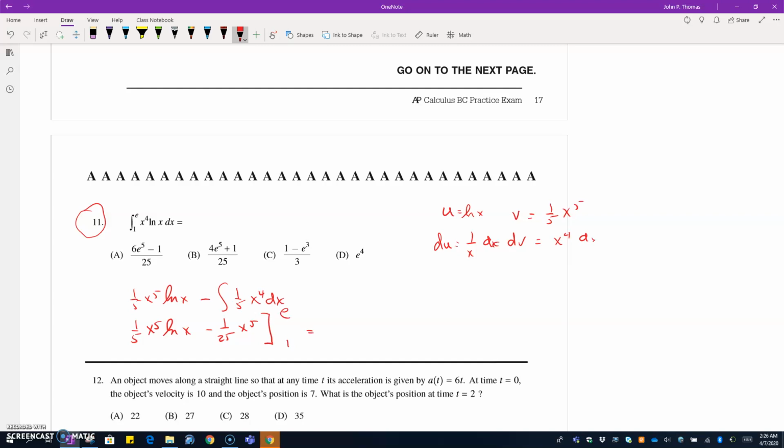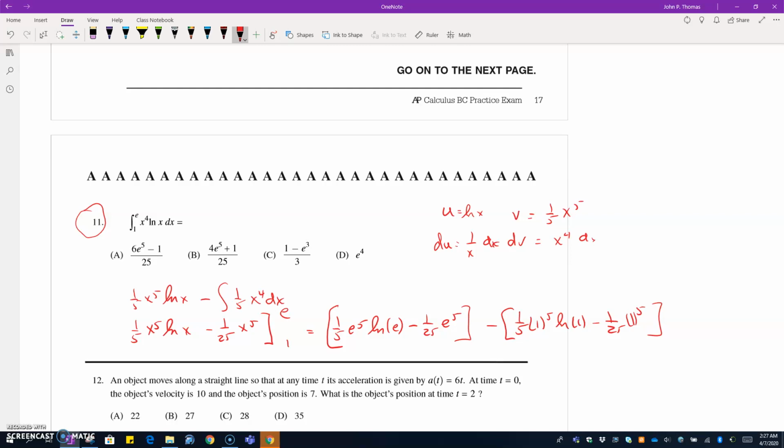If I plug in the e, I've got 1/5 e to the 5th ln of e minus 1/25 e to the 5th, minus, and then I plug in my lower bound, which is 1. So 1/5 1 to the 5th ln of 1 minus 1/25 1 to the 5th.